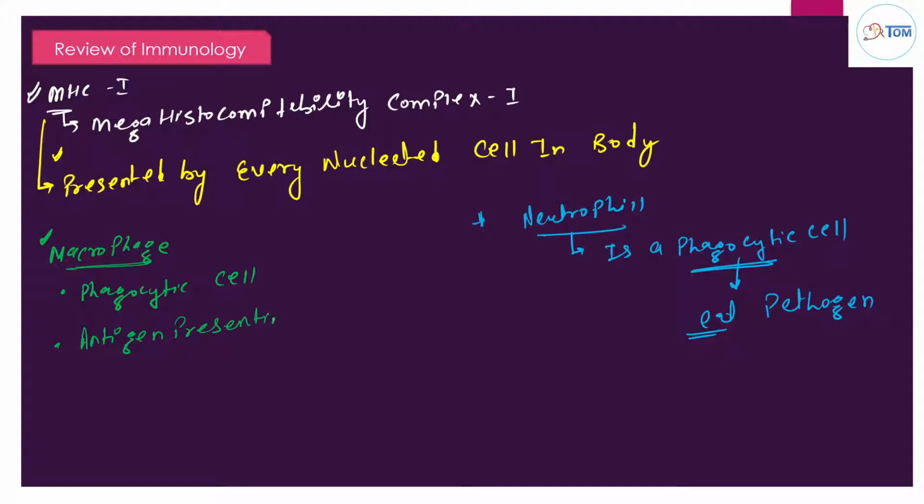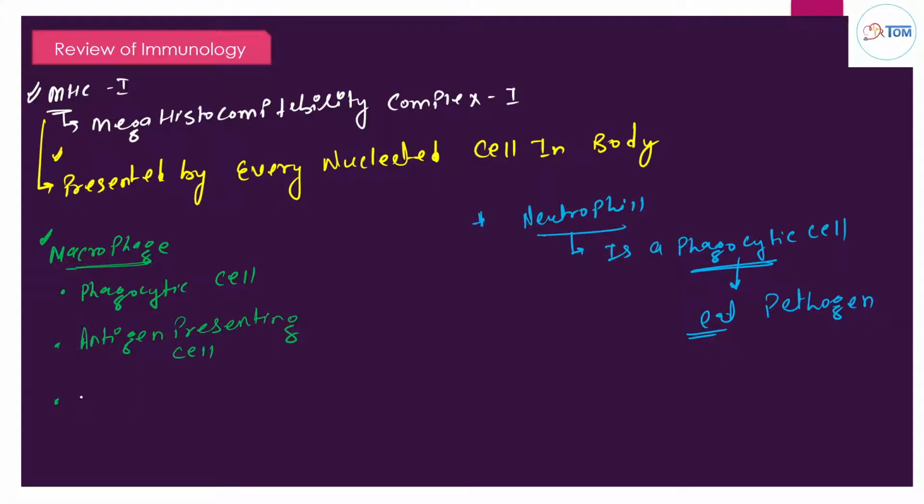Now, the question is, what is an antigen presenting cell? What is the function of an antigen presenting cell? So we'll come to that in a minute, and we also need to understand that macrophage shows MHC2. Macrophage, and not only macrophage, actually all antigen presenting cells, in short, are called APCs.